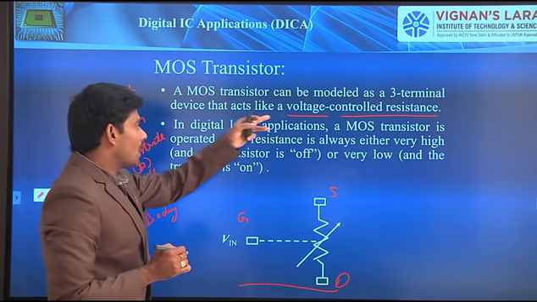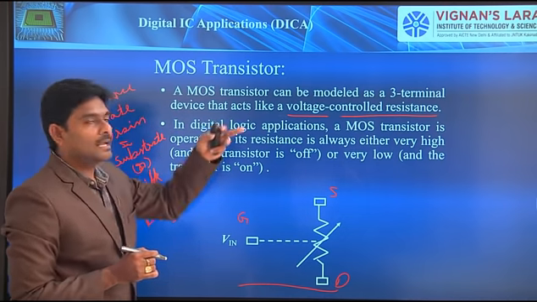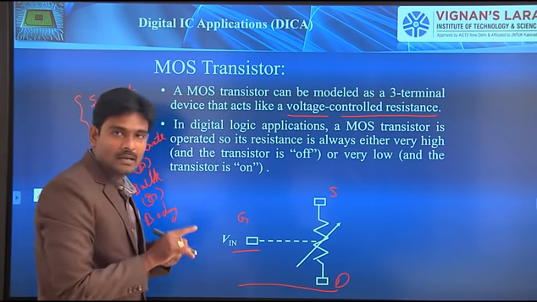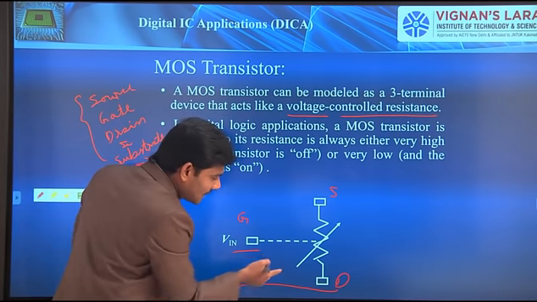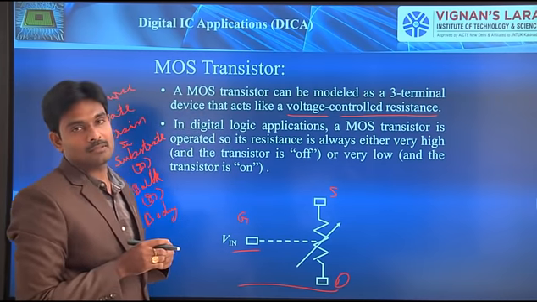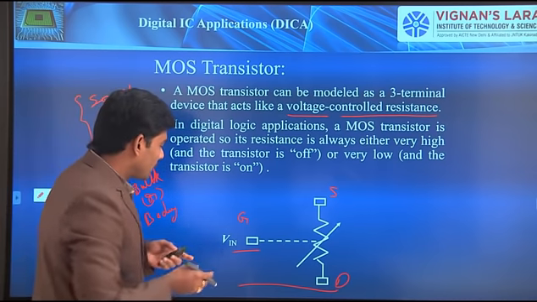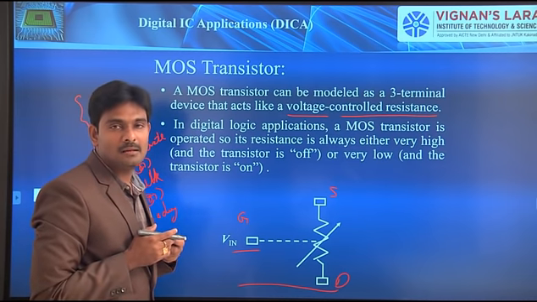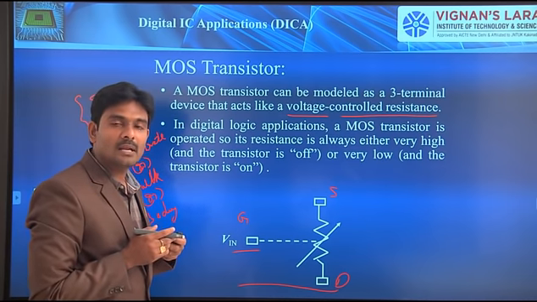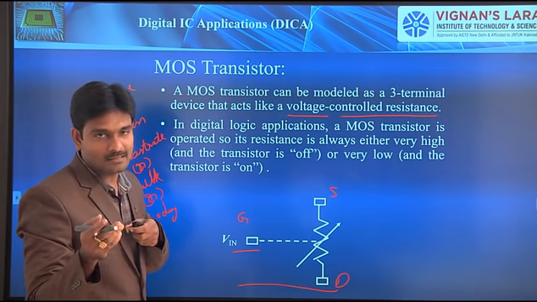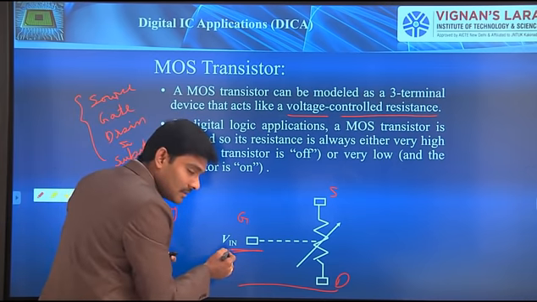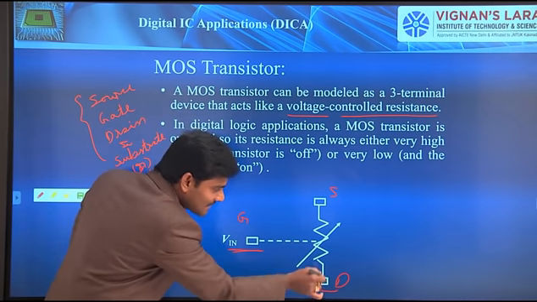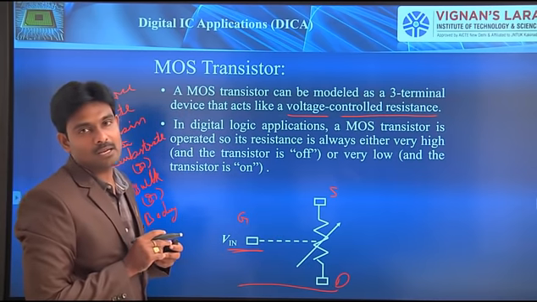Okay, so how can I say this acts like a voltage controlled resistance? By applying the voltage at one terminal, we can control the resistance between the other 2 terminals. Based on that operation, we can say that the MOS transistor acts like a voltage controlled resistance.